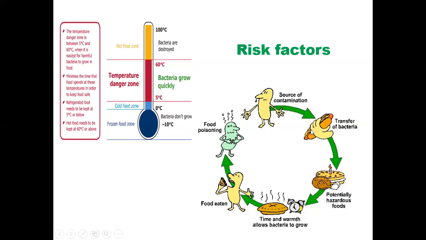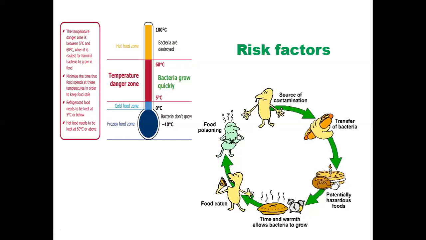So this person handles the food and in the process transfers these bacterial agents onto the food source. Now the food is kept at a particular temperature for a certain period of time. Now the temperature is such that it supports the rapid growth of bacteria. So the bacteria is going to metabolize quickly and start producing toxin.